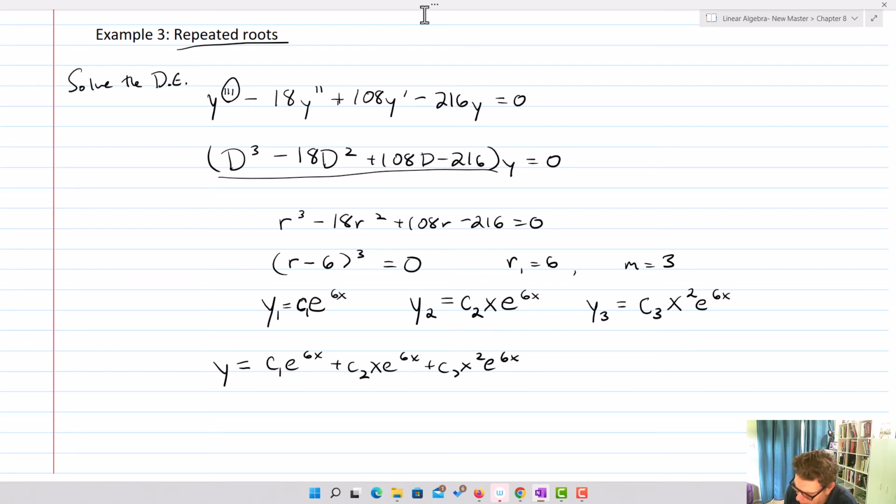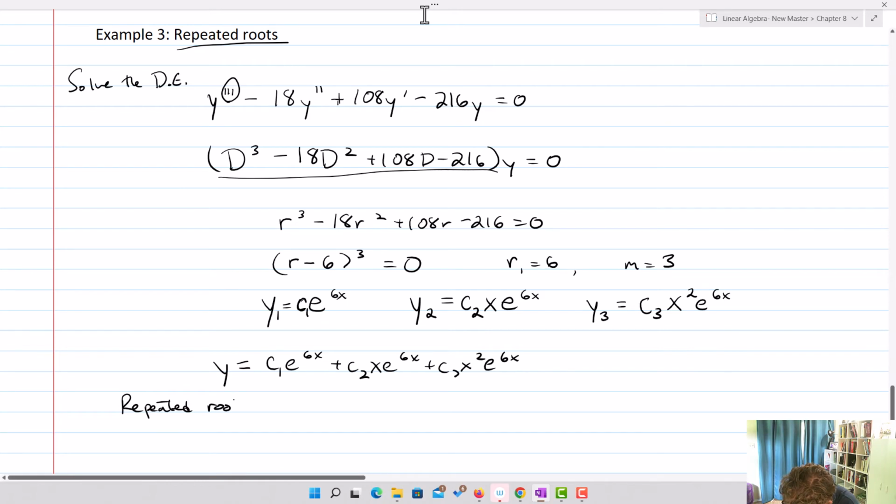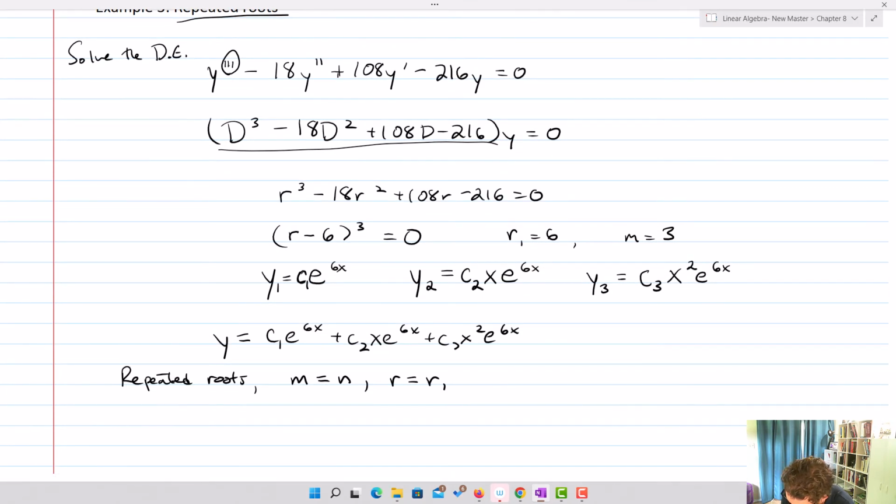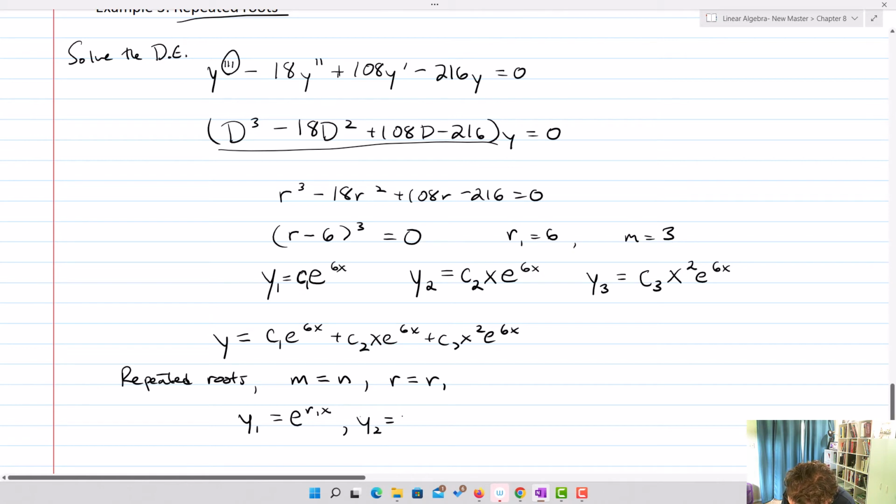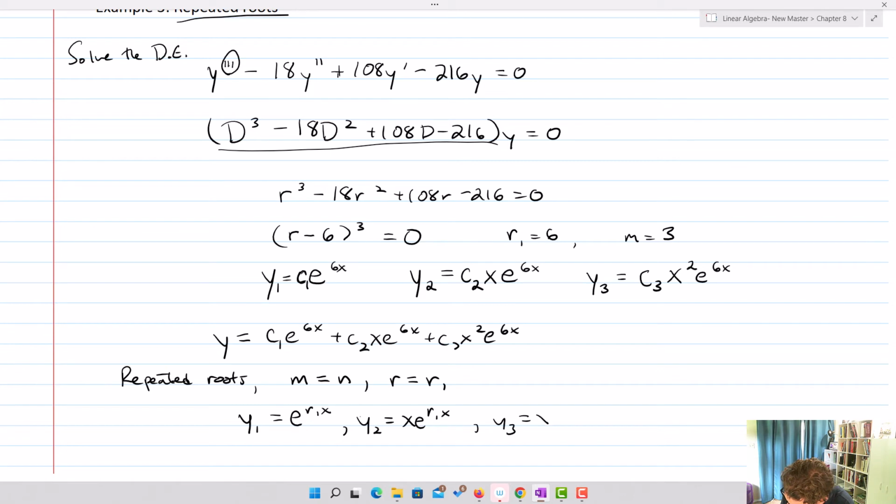So the way to modify for repeated roots, say we've got a multiplicity equal to n, and the root r equal to r1, then our modification looks like this. y1 is going to equal e to the r1x, so that's the first one. y2 is going to equal x e to the r1x, then y3 is going to equal x squared e to the r1x.